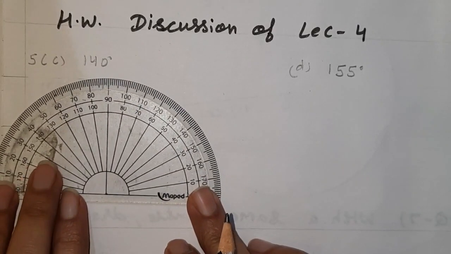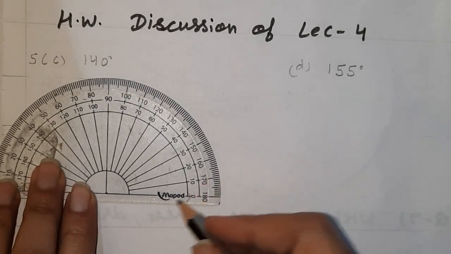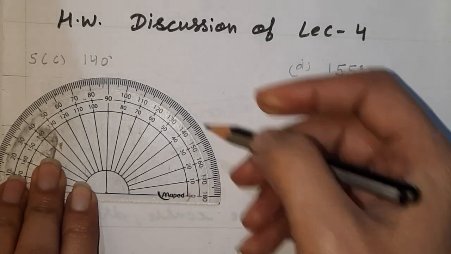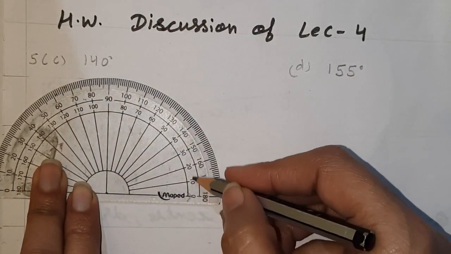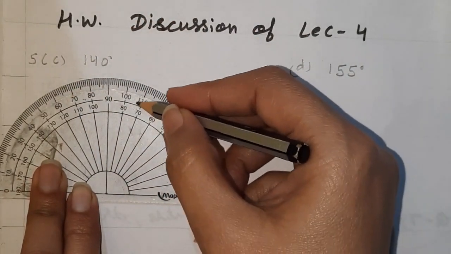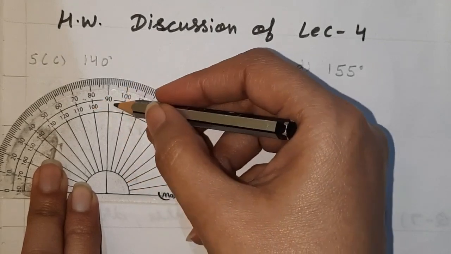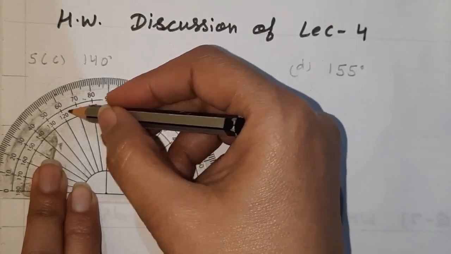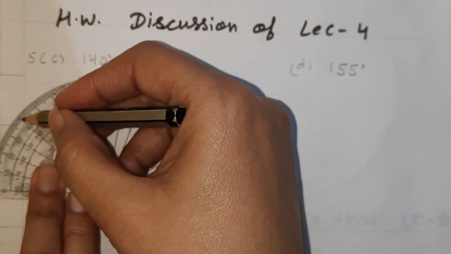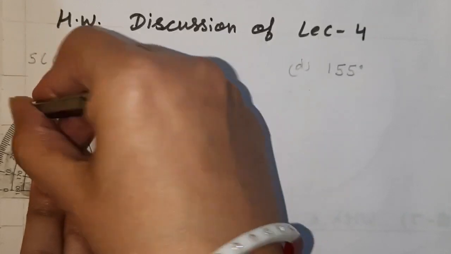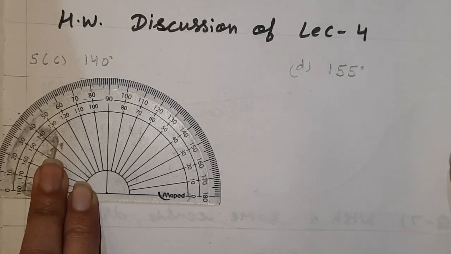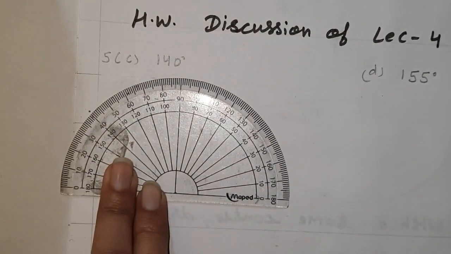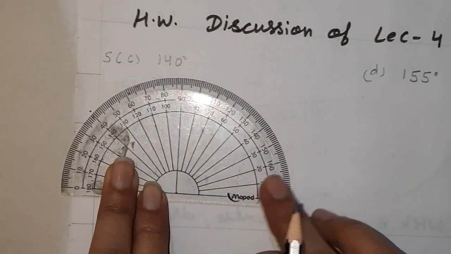Now put the protractor, overlap on this ray. 140 degrees. Start from 0, 10, 20, 30, 40, 50, 60, 90. Here it is showing 90, 100, 110, 120, 130 and 140. Put a mark here. Is it visible to you? Okay.